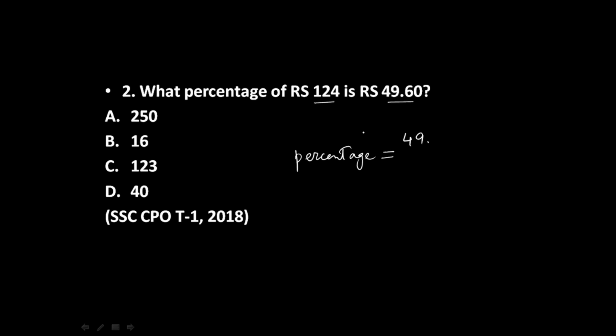So 49.60 is to 124. We are not minimizing it, we are just getting the percentage value. So what will it be? Into 100, right? From fraction to percentage, we have to multiply it with 100.